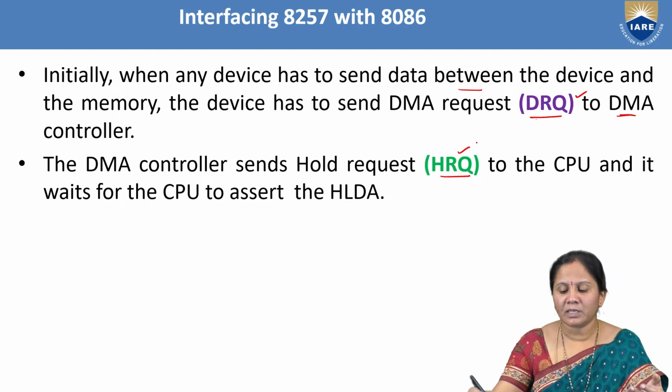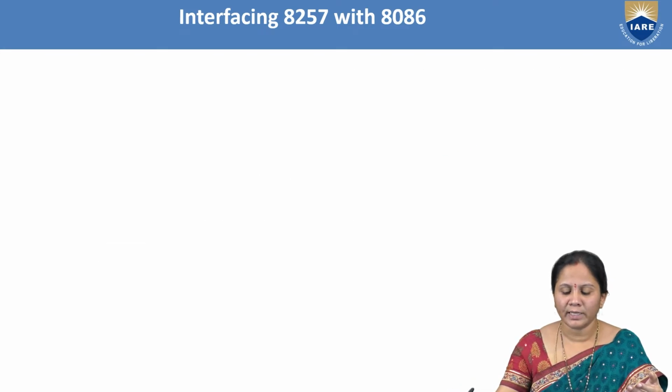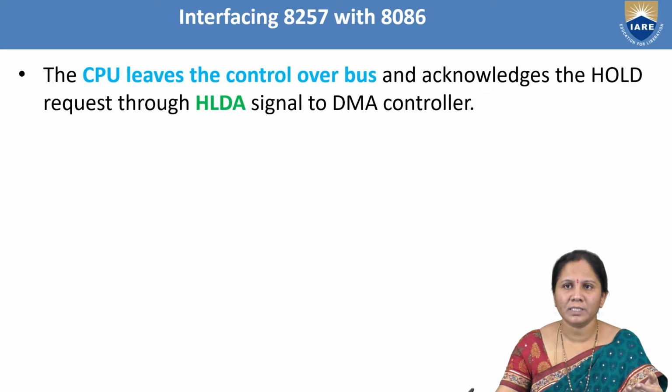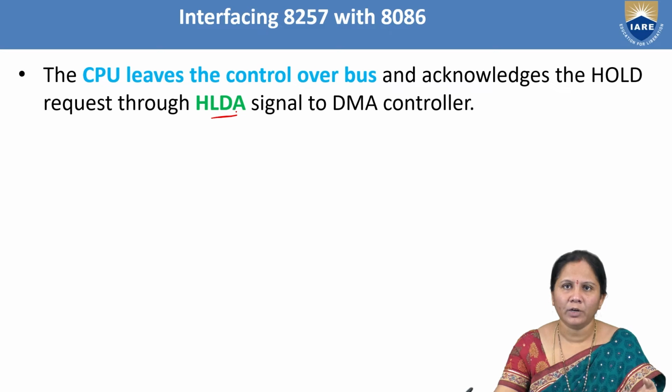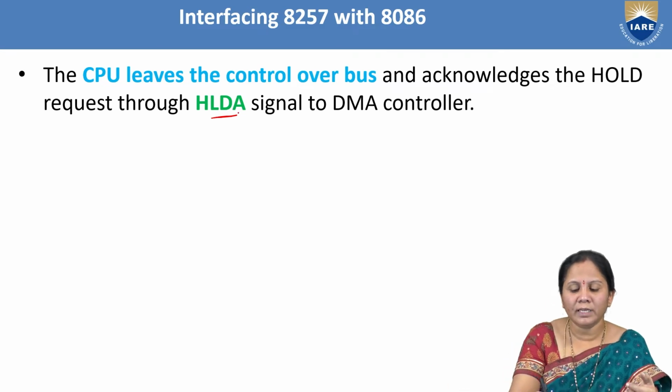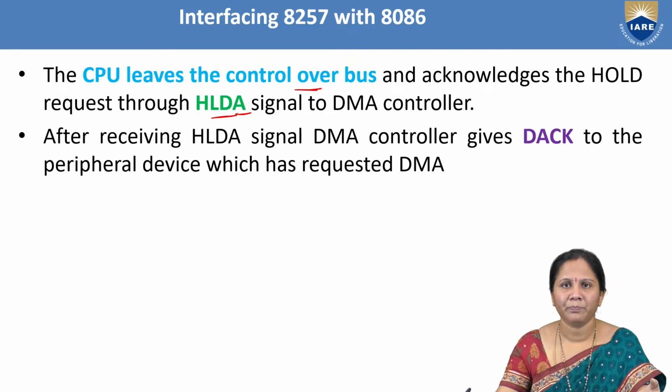After the microprocessor receives this hold request signal, it is going to send the hold acknowledgement signal again to the DMA controller. Sending the hold acknowledgement signal means the microprocessor is going to release, to leave the control over the bus. The system bus access will be given to the DMA controller.